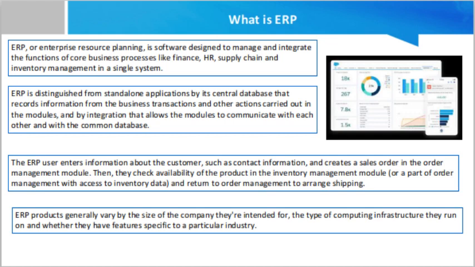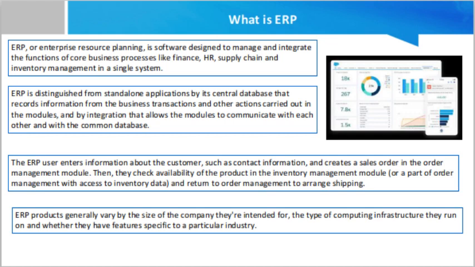The centralized database provides what's known in IT as a single source of truth, ensuring that every module has accurate, up-to-date information. An ERP system is also likely to have a consistent look and feel across modules, unlike a collection of business management software from different vendors.